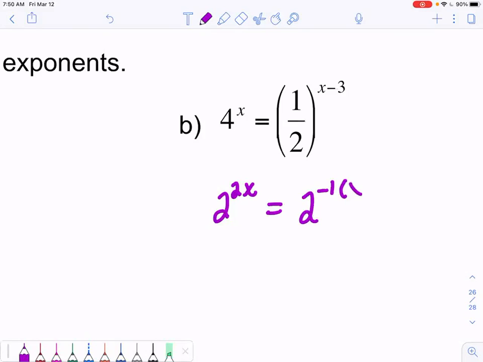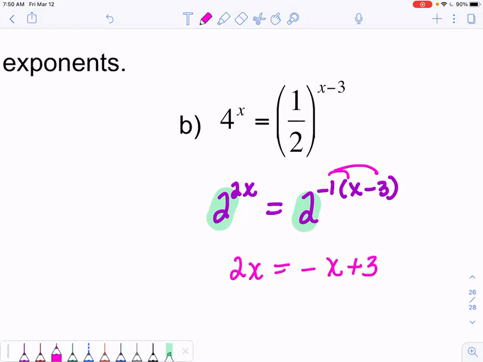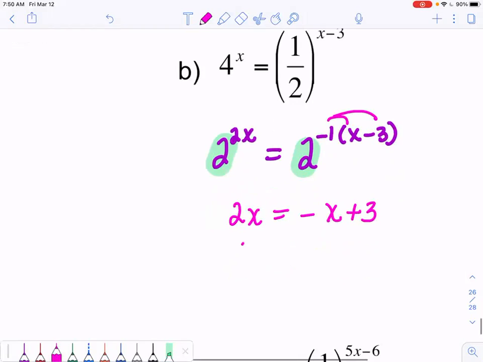And then we have that x minus 3. So the bases are the same. Now you're just setting the exponents equal. So 2x is equal to, make sure you distribute the negative 1 through, negative x plus 3. Which means 3x is equal to 3, so x is equal to 1.